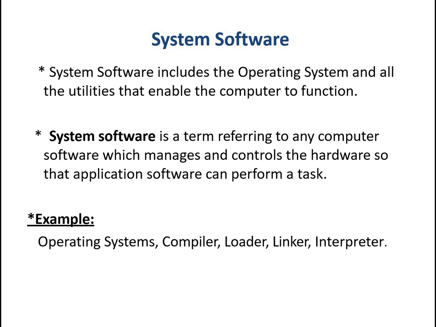Some examples of such system software are basically the operating system, then compilers, linkers or loaders, and interpreters. All these softwares help the hardware to perform a particular task in a computer in a proper way, or in an intended way.